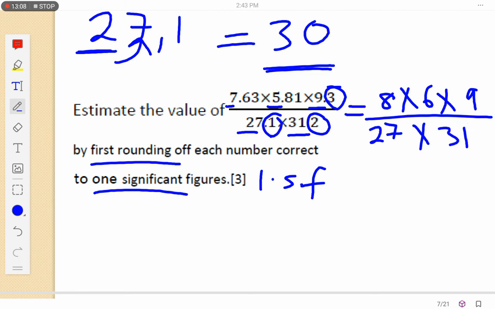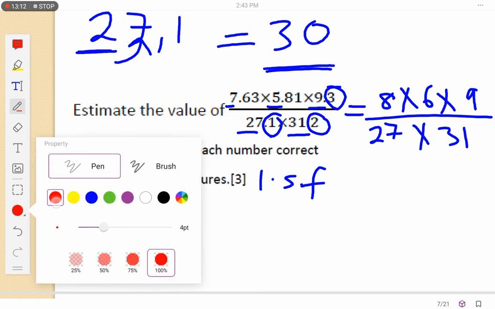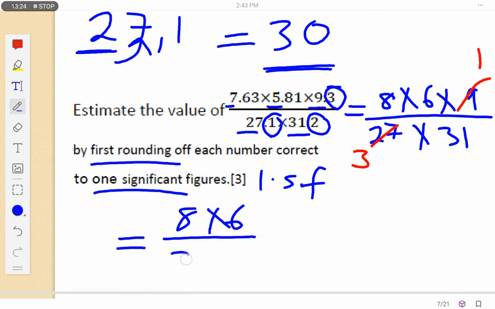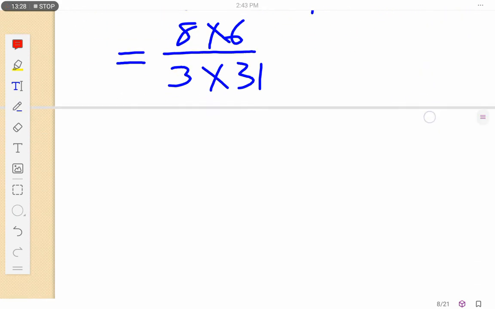So having this number, I can simplify it. 9 there can go into 27. Now I have this fraction. It's now 8 times 6 over 3 times 31. Simplifying that, 8 times 8, what do we get?